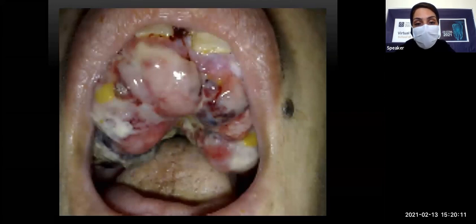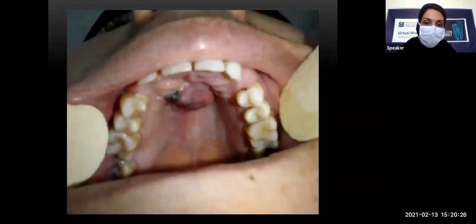I return to one of the first slides, and you see a patient with this huge tumoral lesion in the maxillary jaw. Before this picture, the patient had this lesion in the hard palate, and you can also see a black silk stitch in this area. The photo was taken after the incisional biopsy.